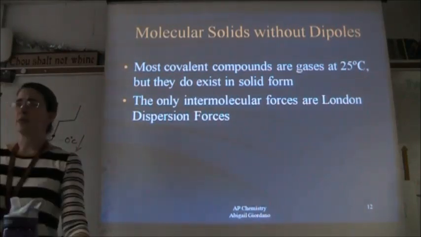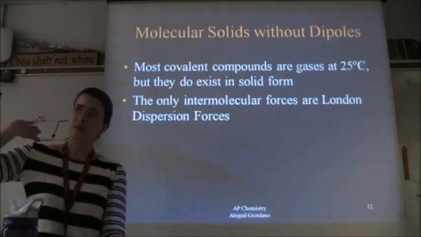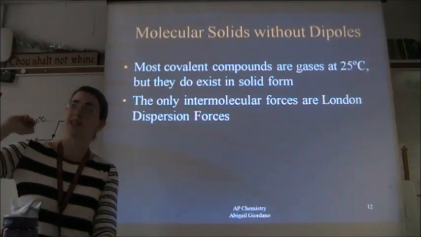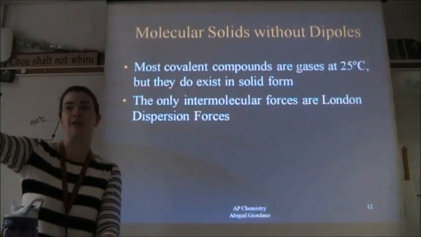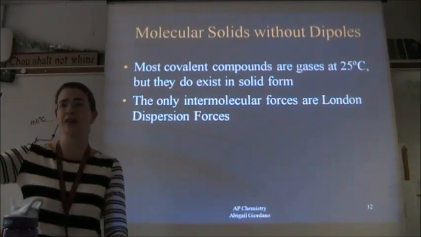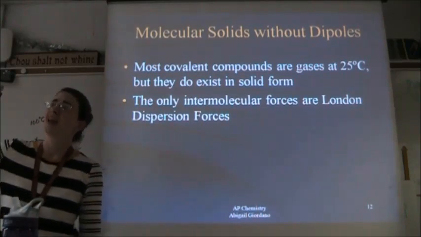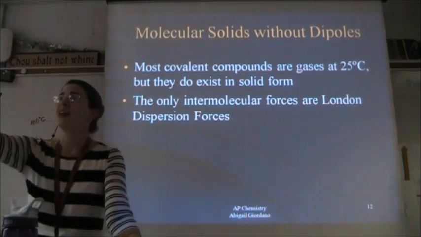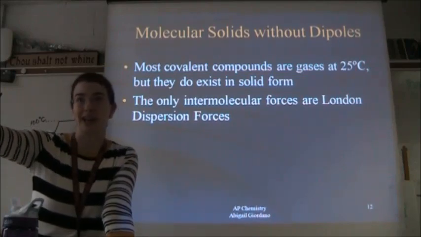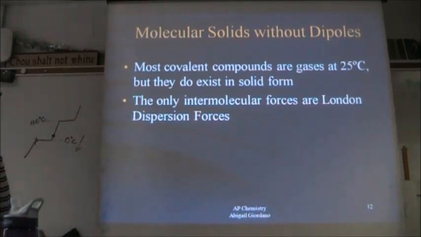I don't know if I have ever pointed this out to you, but I love being in this room because I have the best periodic table of all the chemistry rooms. I don't care what they all say, I have the best one. The reason I say that is because mine is color-coded. If you'll notice, most of the element symbols are colored gray, and that means most of the elements are solid at room temperature.